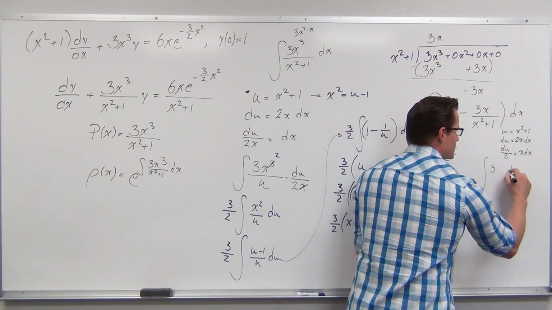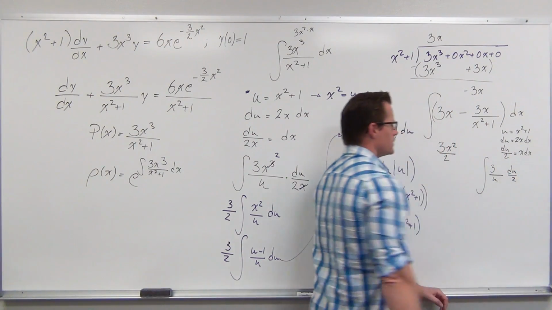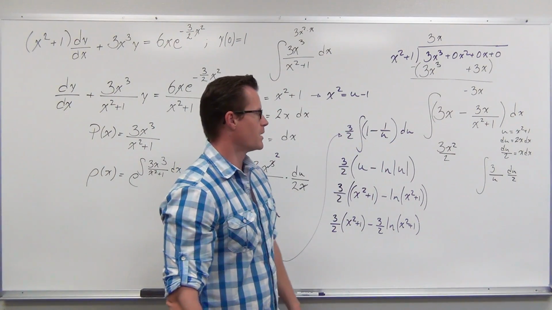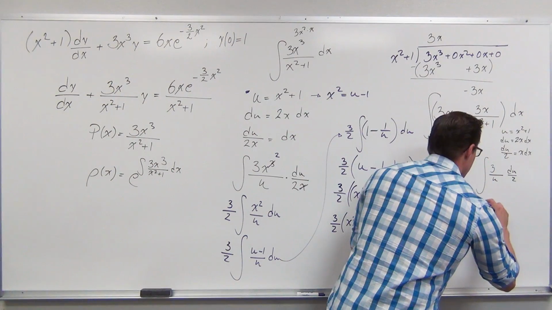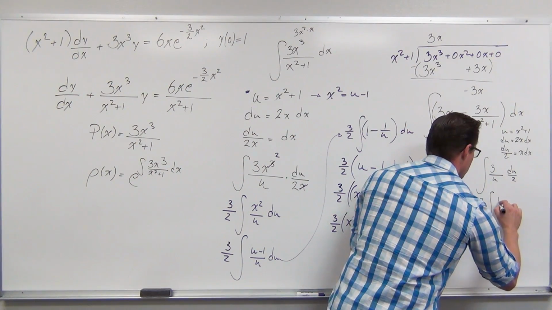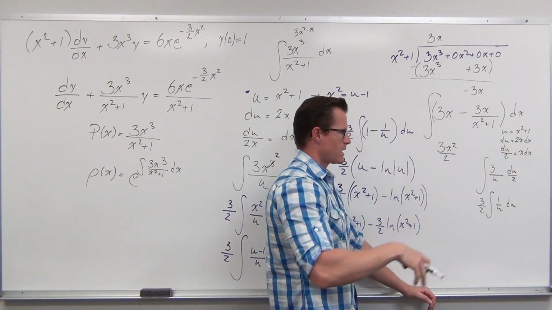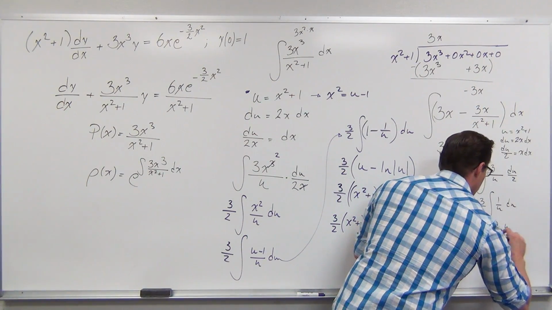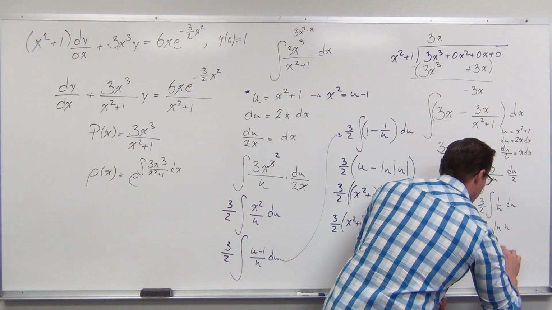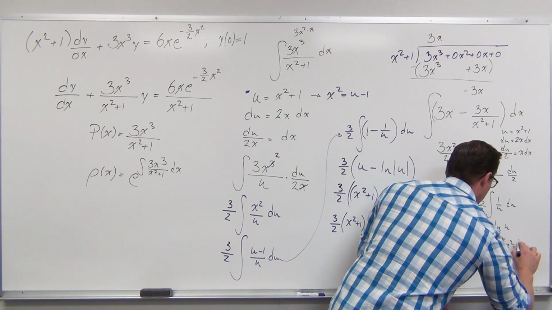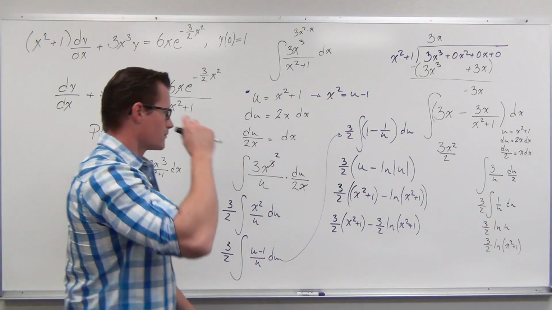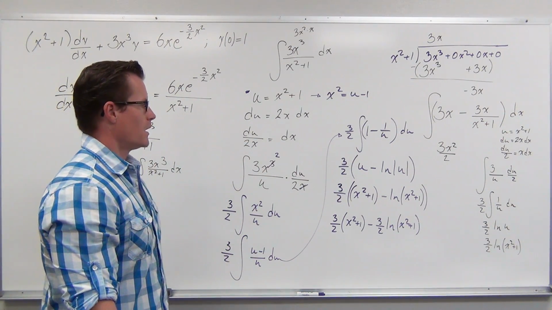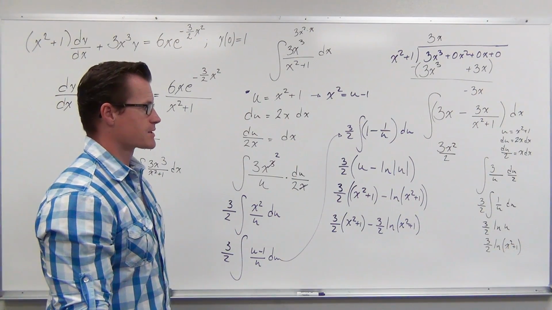So we have a du over 2, so 3 over u, du over 2. And if we pull out that 3/2 and integrate, we got 1 over u, that's ln u. And we end up with 3/2 ln of x squared plus 1.